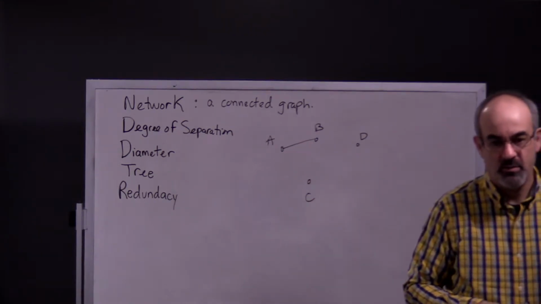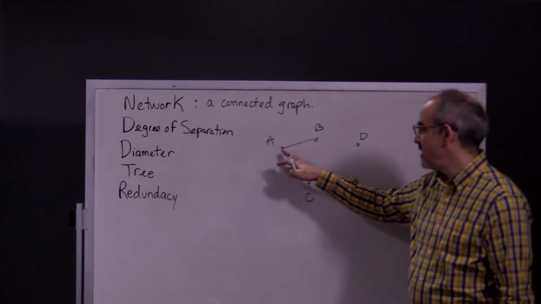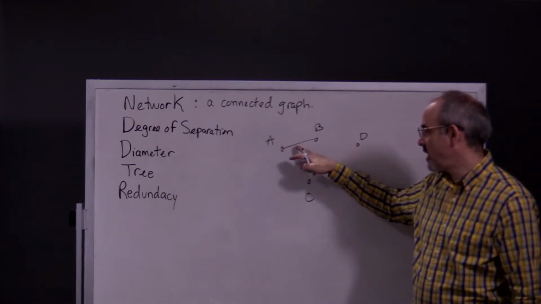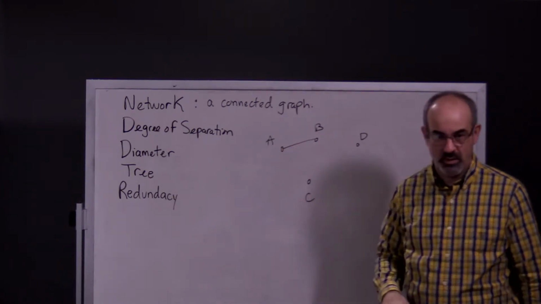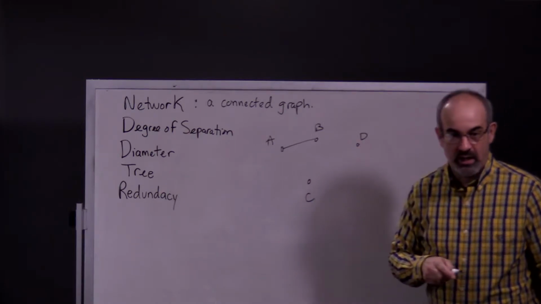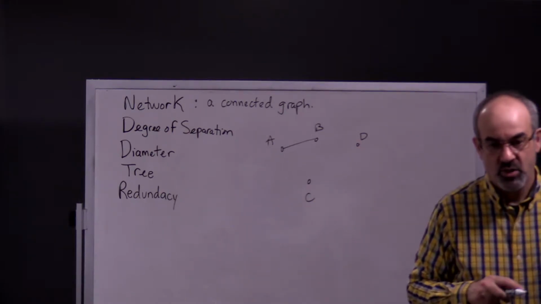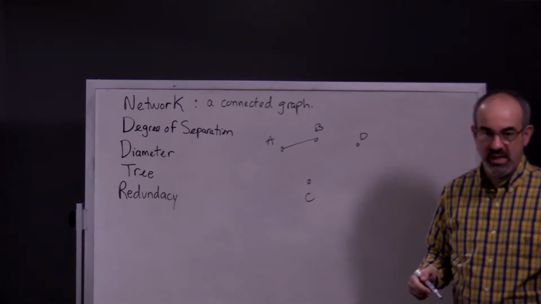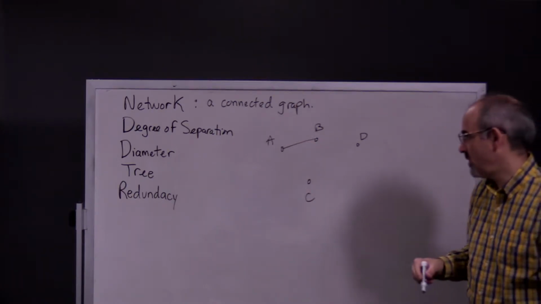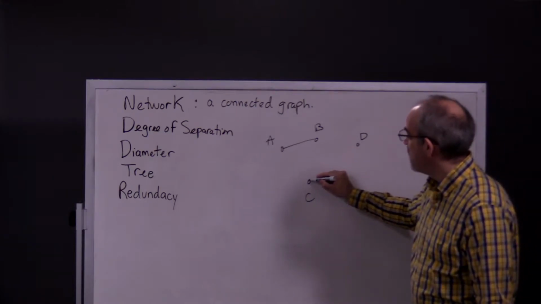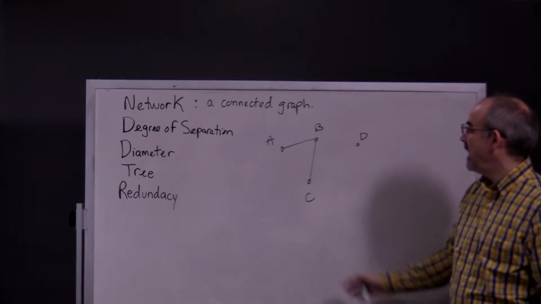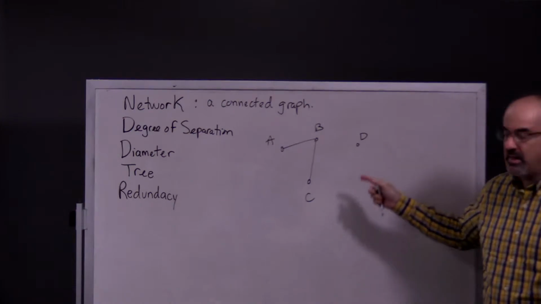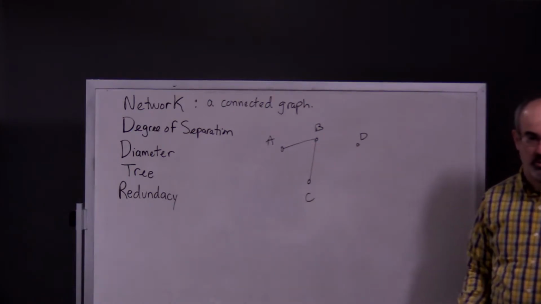But probably I'm going to use the term edge and vertex a lot, but you could also say link and node. So an edge between 2 vertices, which these vertices represent people, represents that they're friends on Facebook. So let's say B is also friends with C. A and C aren't friends, and D is not friends with any of these 3 people.